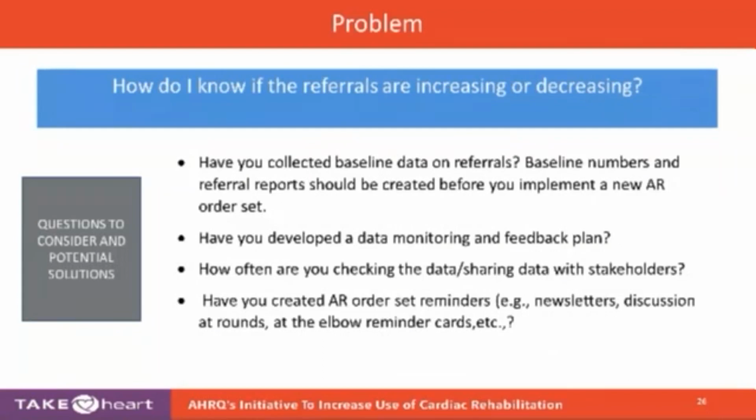But the second problem is, how do I know if the referrals are increasing or decreasing? This ties into developing a solid data monitoring and feedback plan. Sherry or Laura, any comments on looking at your data and challenges that have surfaced when you've gone through that process?